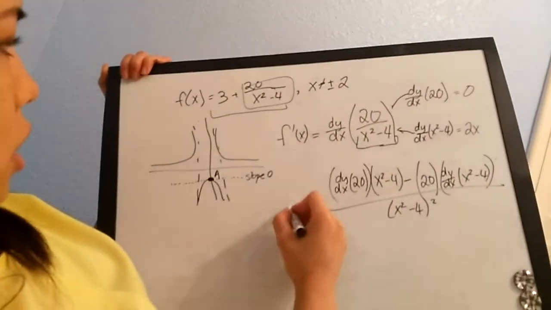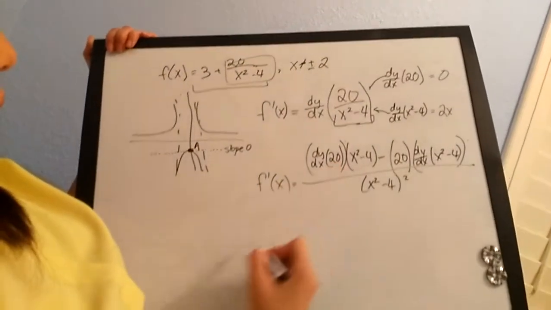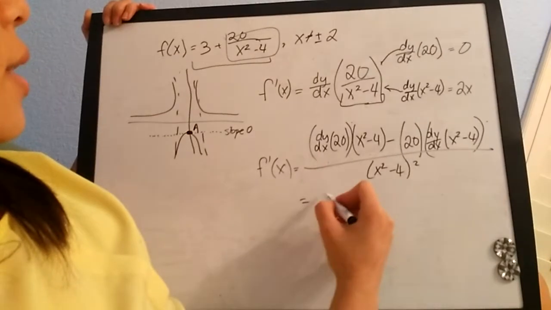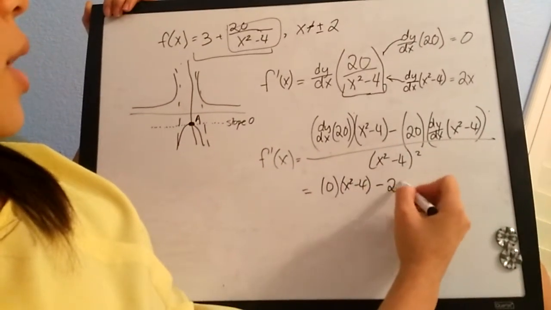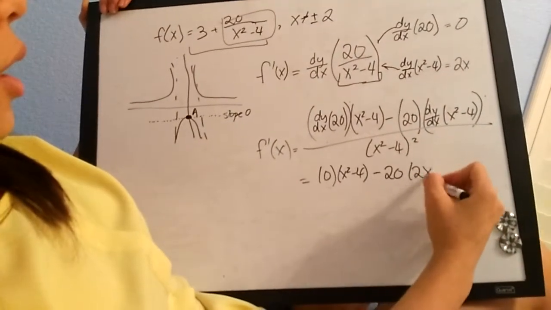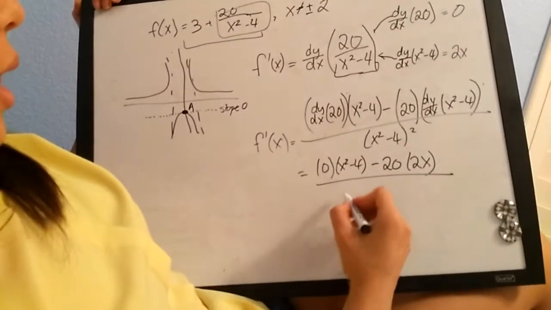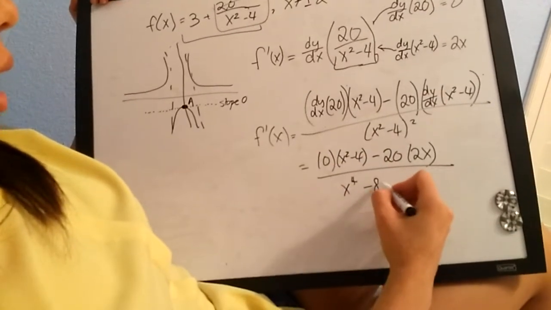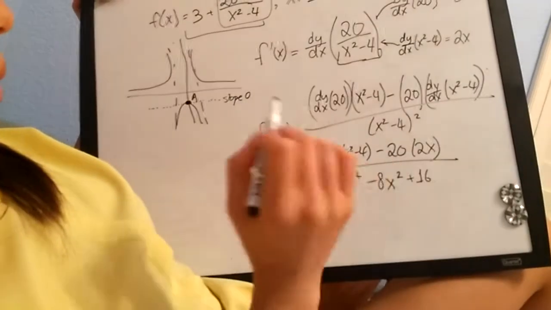This is still the derivative of our original function up here, right? We know that the derivative of 20 equals 0, so that's 0 times x squared minus 4, minus 20 times the derivative of x squared minus 4, which is 2x, over x squared minus 4 squared, that's x to the 4th power minus 8x squared plus 16.